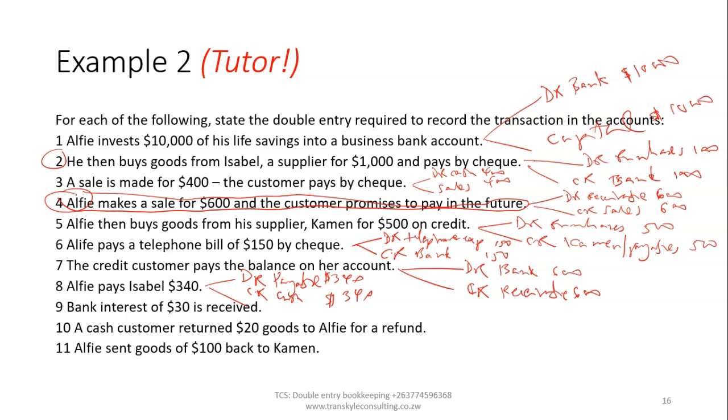Then bank interest of $30 is received. So we are receiving bank interest. Okay, so the two transactions here are debit bank, $30, and credit income. Okay, this is interest income, because that's income.